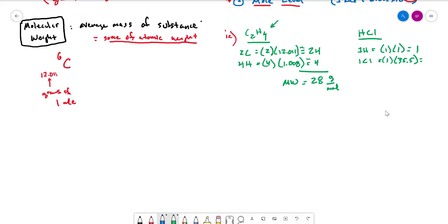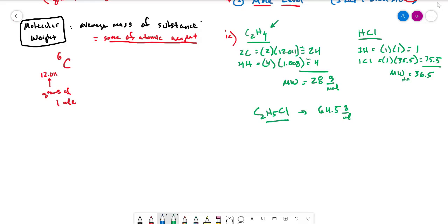I'm just trying to move quickly. That's 35.5, so our sum here is 36.5. That's the molecular weight of HCl. And we can do our last one here, C2H5Cl. You might want to pause the video and make sure you add this up correctly yourself. This is going to produce a molecular weight of 64.5 grams per mole.